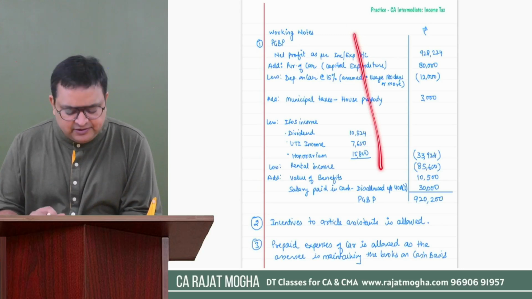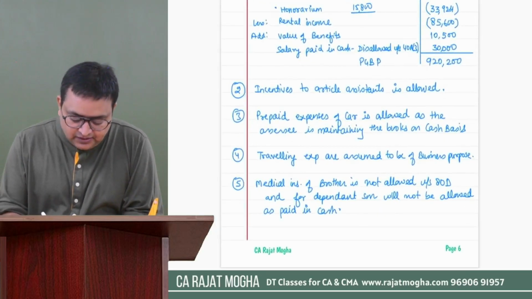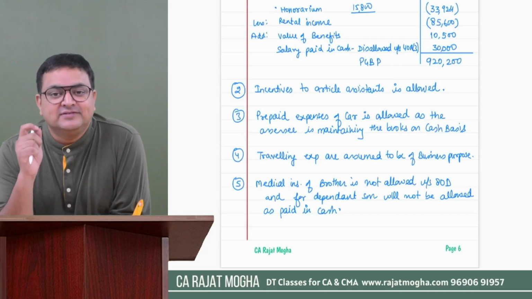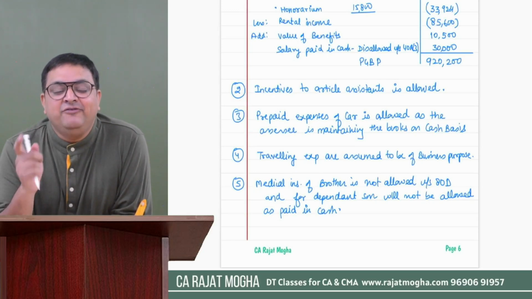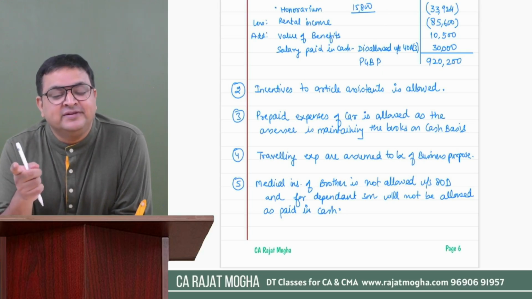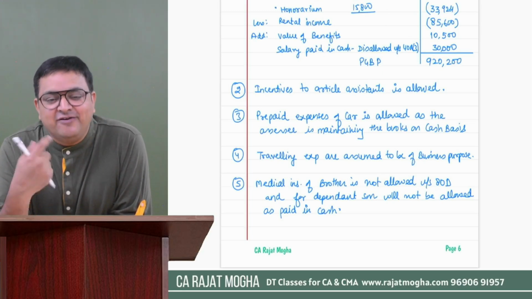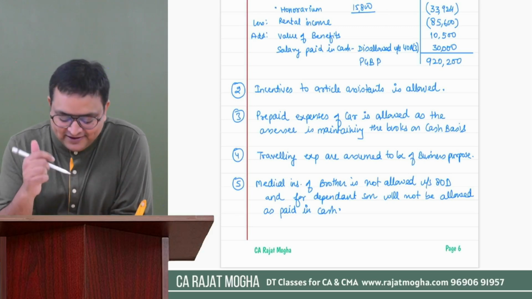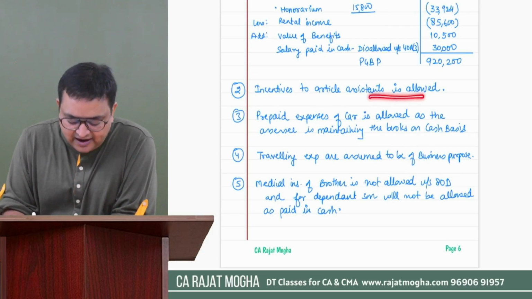One is PGBP. You understand how we have calculated it. Because there was some information given by the examiner that we have not considered in our computation, we have to simply tell the examiner why we have ignored it. So here I have mentioned that incentive to article clerk assistance is allowed.